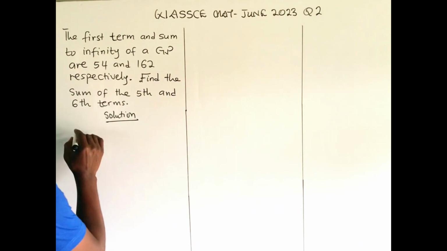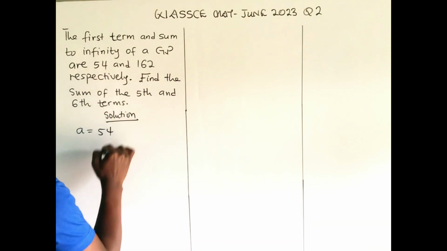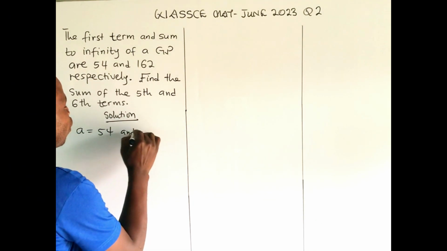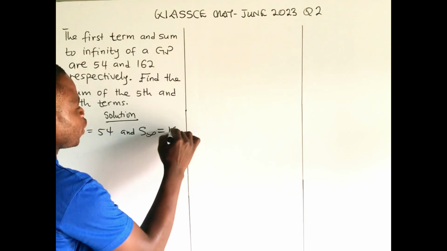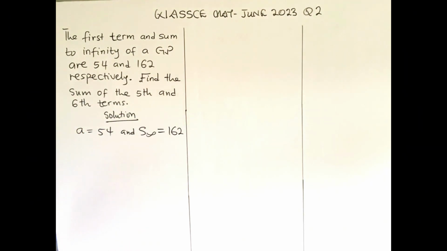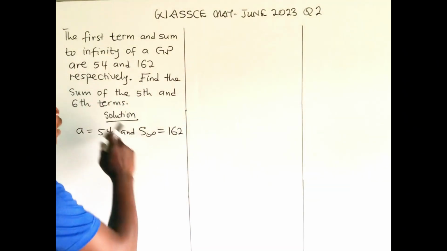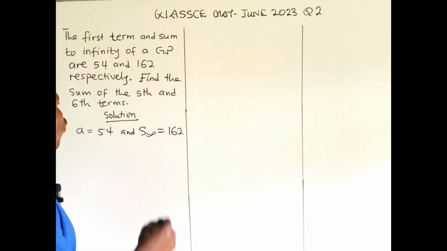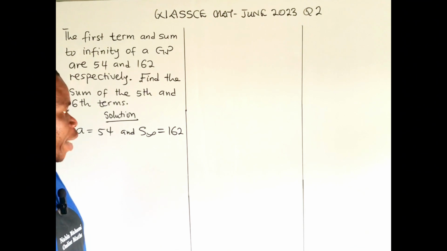The first term, which is represented by a, is equal to 54, and the sum to infinity is 162. We are asked to find the sum of the fifth and sixth terms. What it means is that you are going to find the fifth term, find the sixth term, and add them together.